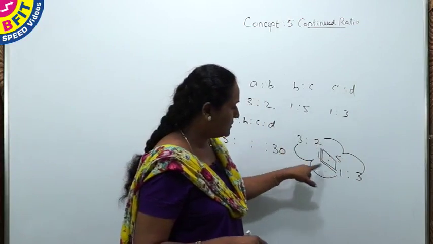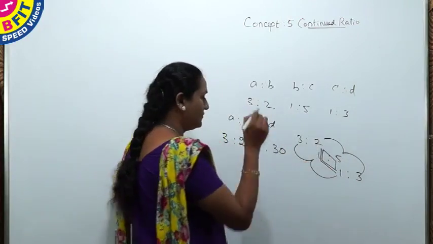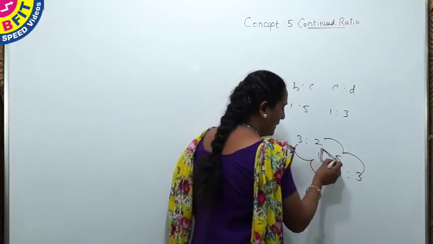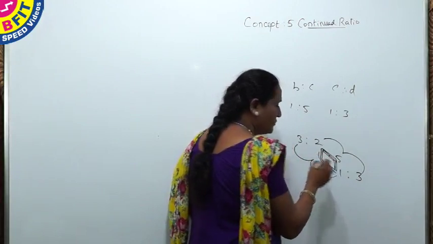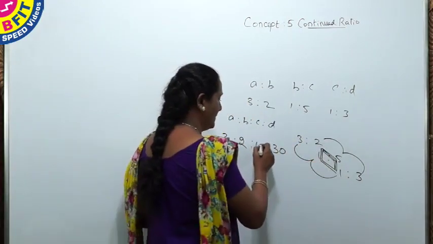So multiply these values, 2 into 1 into 1, which is 2. And for the third part, I will draw 3 lines. So for the third part, 2 into 5 into 1, it is 10.